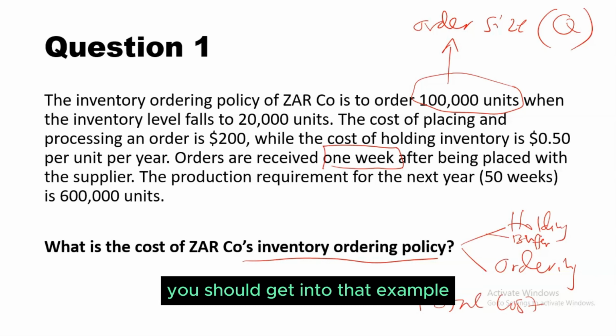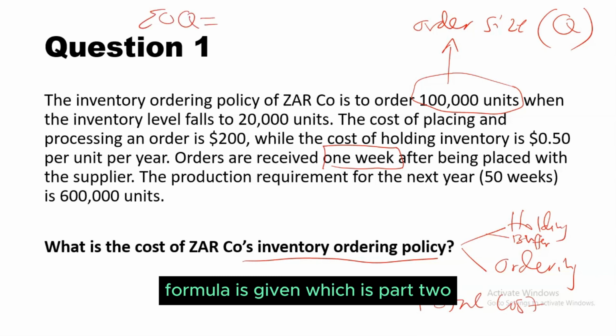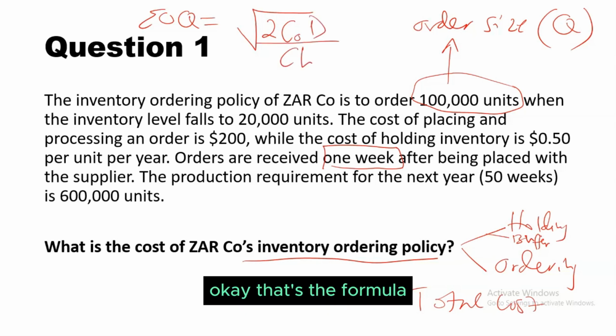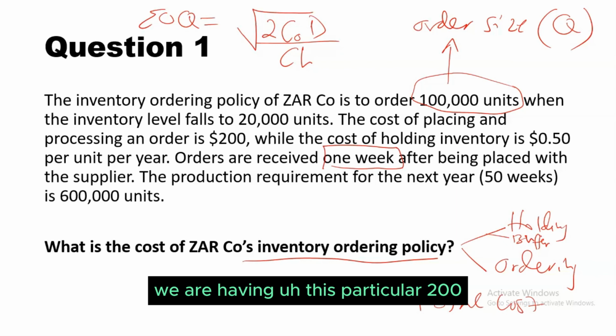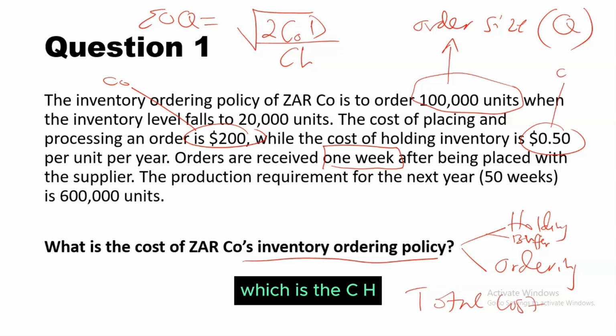However, you should get into that example knowing that the economic order quantity formula is given, which is equal to the square root of 2 C_O D over C_H. Okay, that's the formula. Now let us slot in those variables. We can see that we have this particular 200, which is the cost of placing an order, and this is our C_O, and also the cost of holding each item of inventory, which is the C_H.